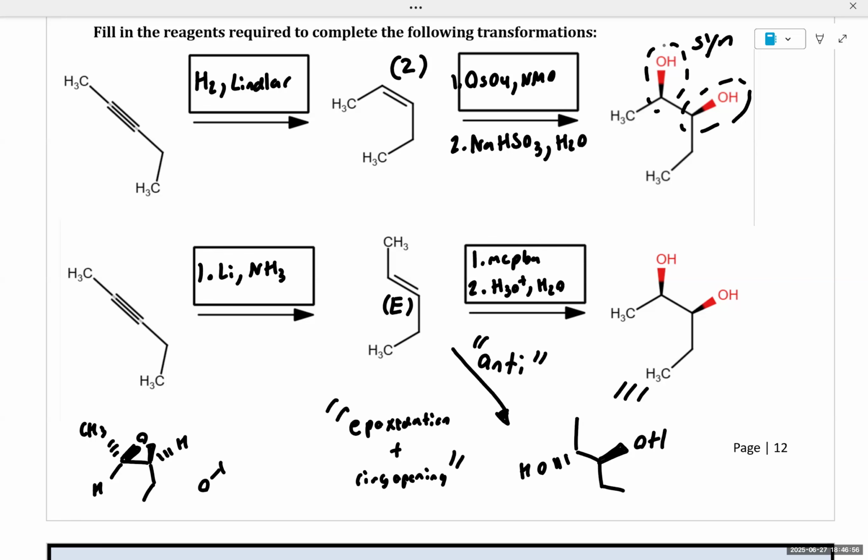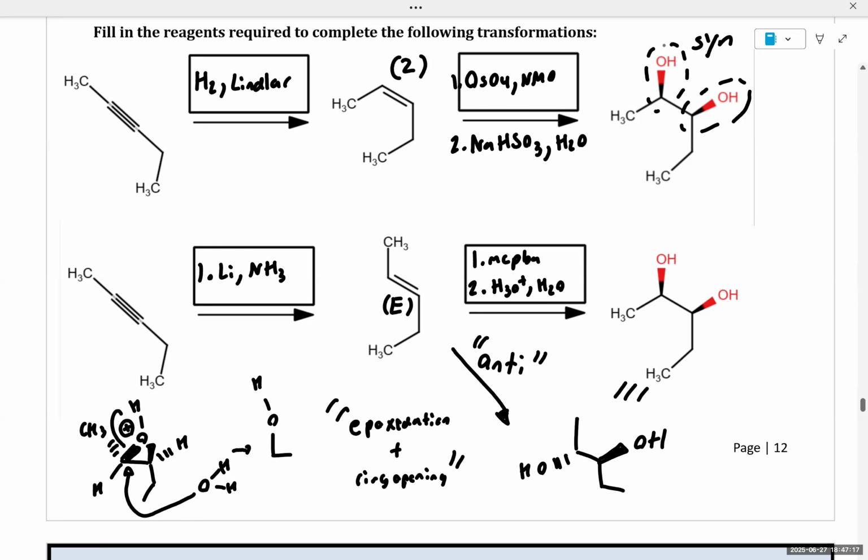And then that epoxide is protonated and opened up with water. That in turn gives us, let's show the opening on this side just to make it easier.